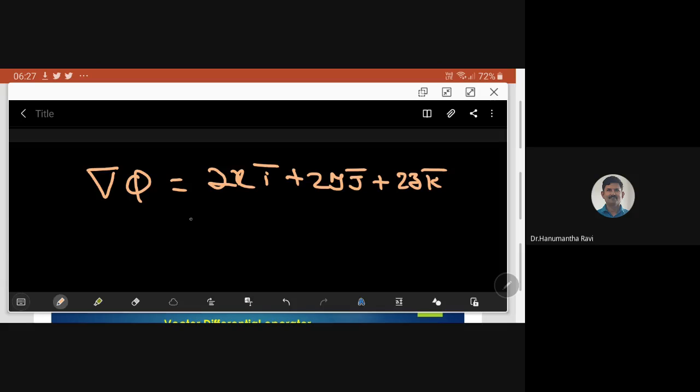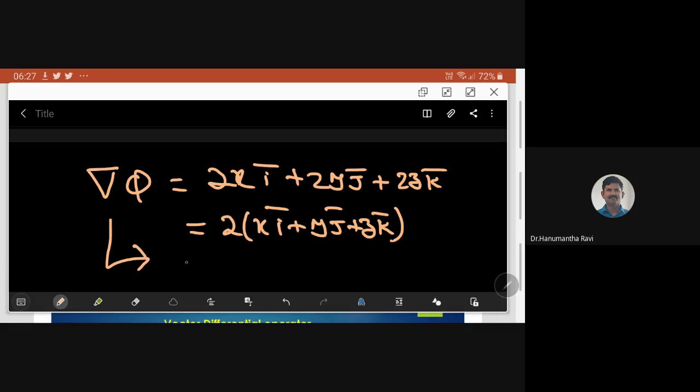So this represents a vector. You can write it like this: x i bar plus y j bar plus z k bar. This is known as the normal vector.